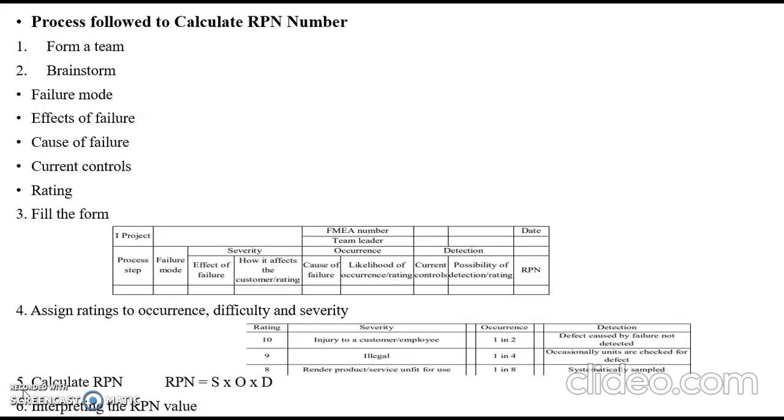RPN is calculated by multiplying the ratings for severity, occurrence and detection. That is, RPN is equal to S times O times D, where S is severity, O is occurrence and D is detection. This is the most basic method of calculating RPN.